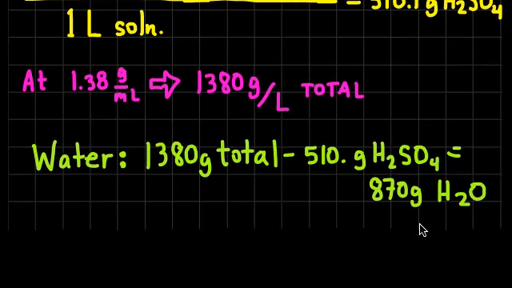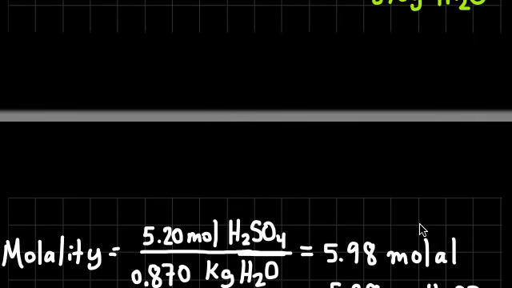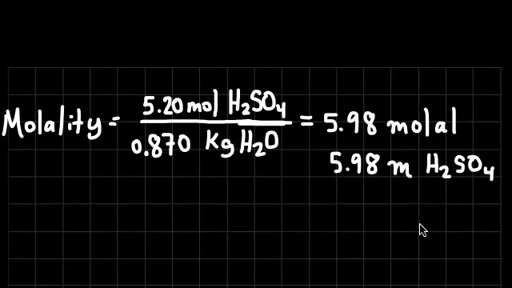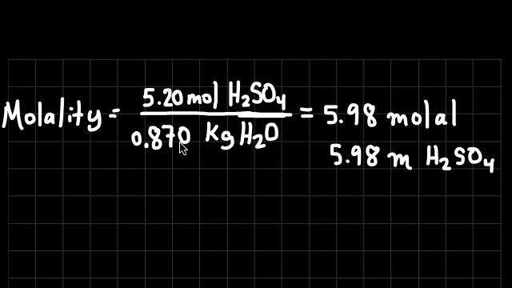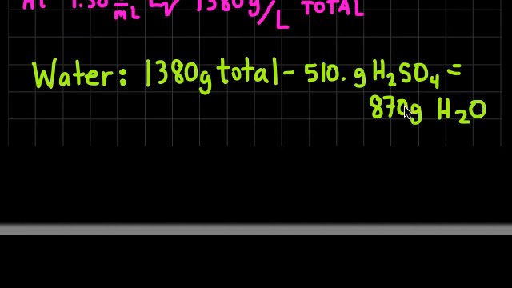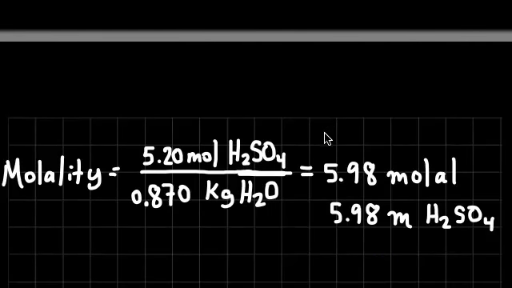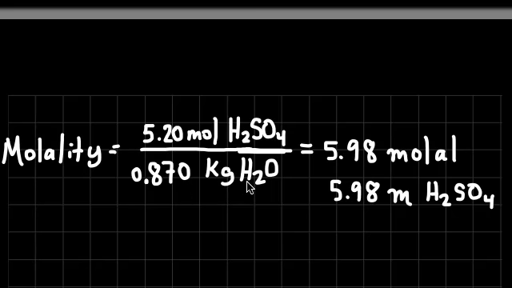So now I think I'm ready to find my molality. That is the 5.2 moles of acid in 0.870 kilograms of water. I got that 870 grams is 0.870 kilograms, and it comes out to 5.98 molal.